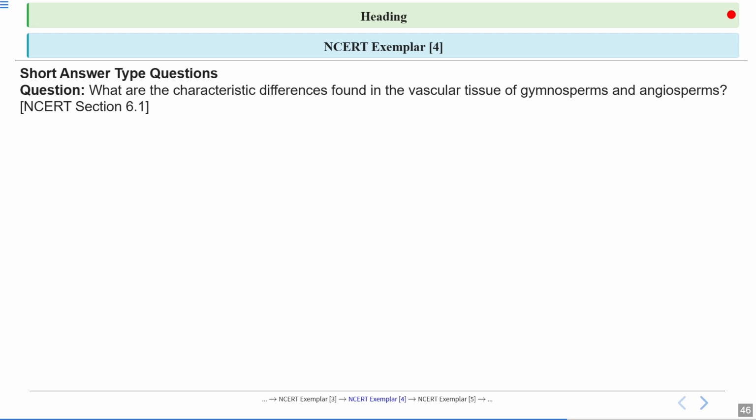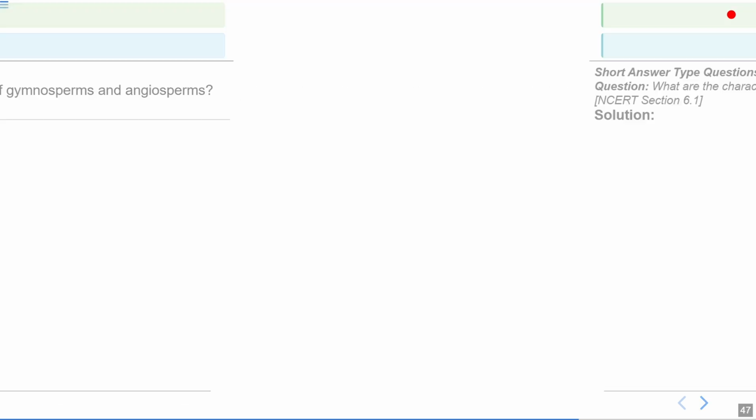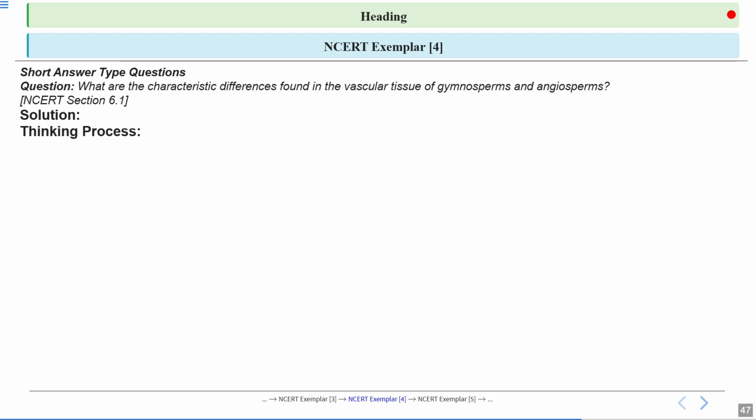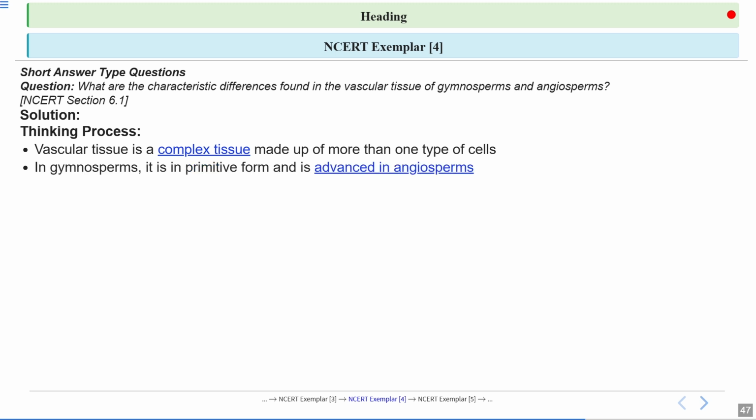Next question. What are the characteristic differences found in the vascular tissue of gymnosperm and angiosperm? Very important question. You have studied about the gymnosperm and angiosperm. Now they are asking what are the differences between the vascular tissue of these two types of plants. Thinking process. Vascular tissue is a complex tissue made up of more than one type of cells. Yes, they are called complex tissue. In gymnosperm, it is primitive form and it is advanced in angiosperm.